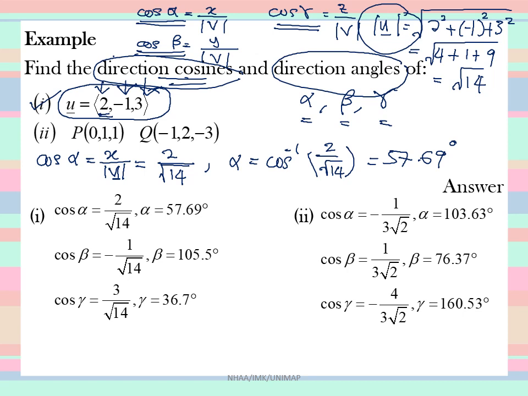Okay, then solve for beta. Cos beta. Okay, we find the direction cosine first. Beta is the angle in between your y and the vector. So the value of y is here, negative 1.